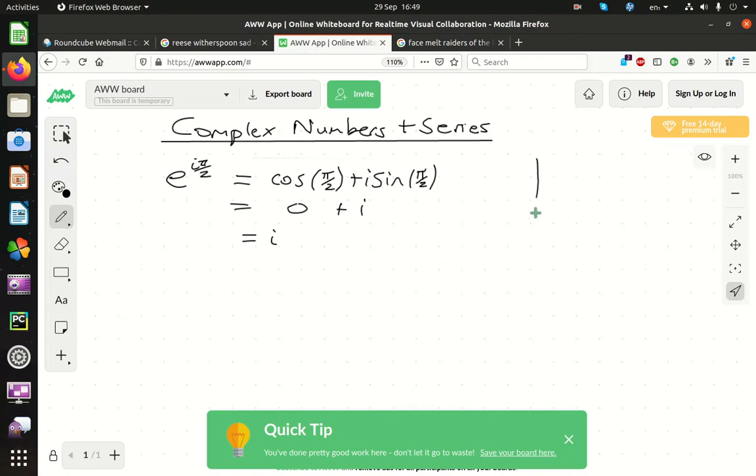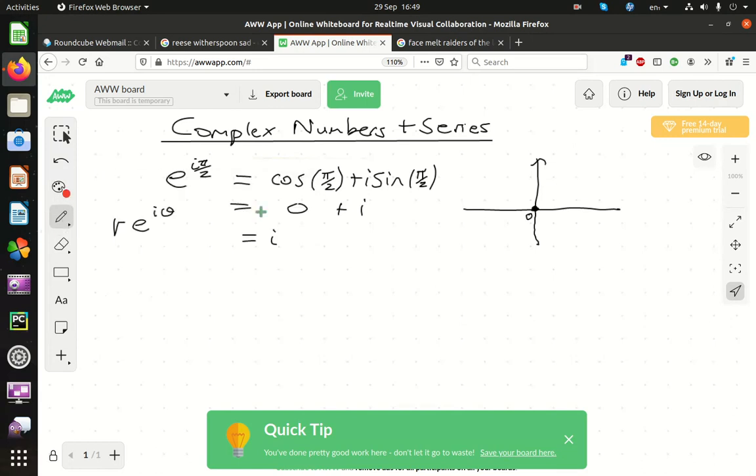But the other reason you should be able to see it straight away is because this complex number is written in the form re to the i theta. Now, what do r and theta represent there? r represents the distance you are from the origin, and so clearly you're a distance of 1 because it's just e to the i pi over 2. And theta represents how far you need to turn from the positive x-axis.